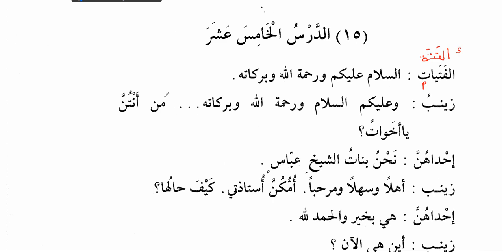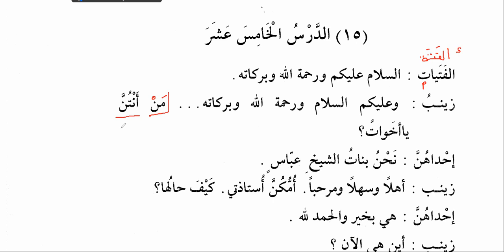Man antunna. Now in this, man is the questioning tool, as discussed before, used for both humans, male and female. Antunna is the pronoun and it is known as the separate pronoun or damir munfasil.